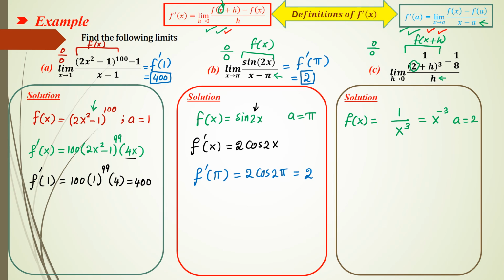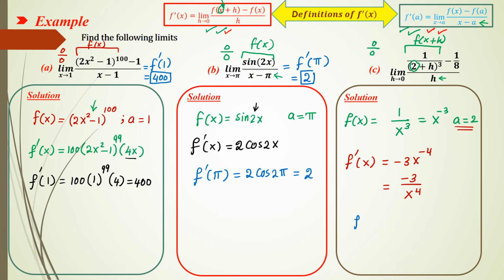So f prime of x equals negative 3x to the power negative 4, and this equals negative 3 divided by x to the power 4. Then you have to replace x equals 2 in the first derivative to get the value of the limit.